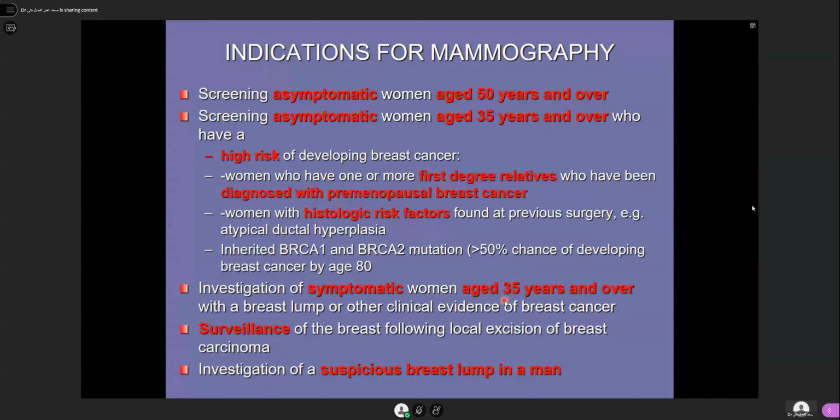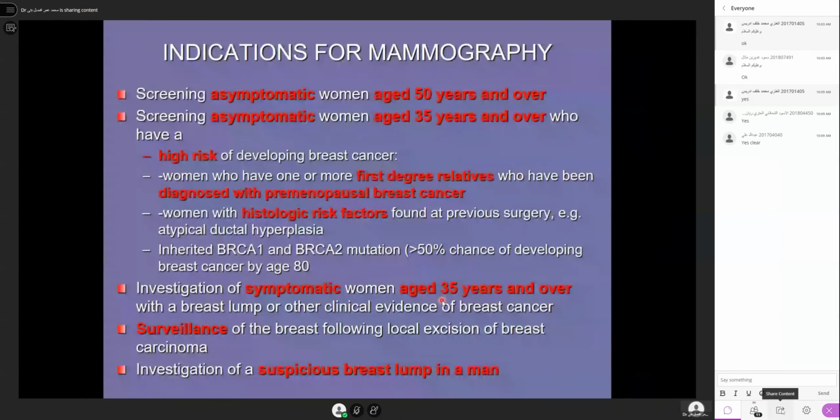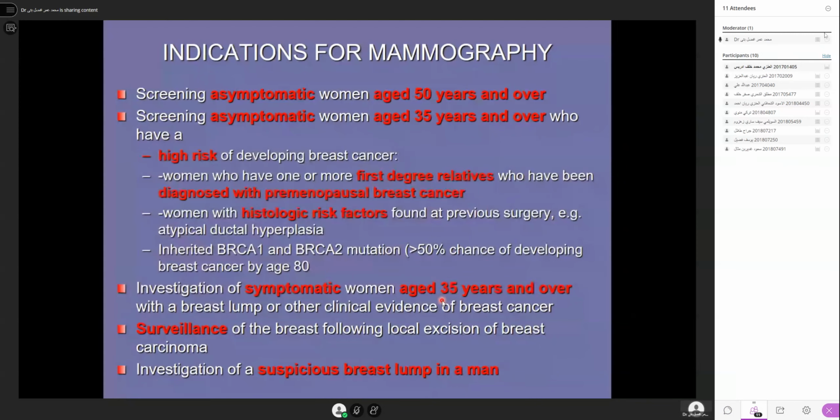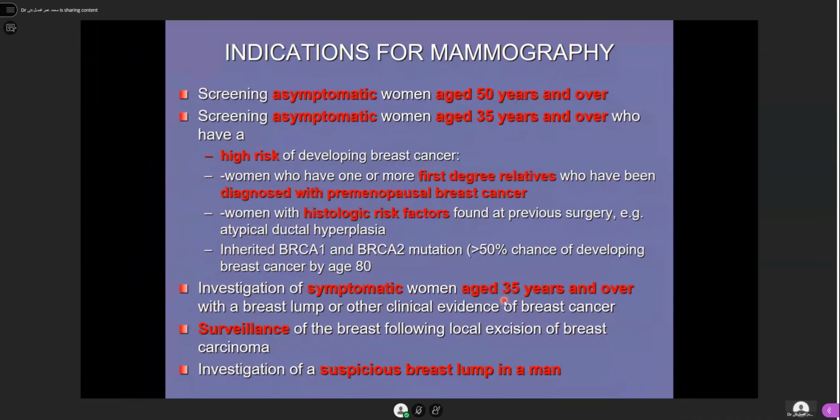For example, if we give radiation at the age of 25, the patient may develop cancer after 10, 15 or 20 years. Still, at that time she will be young. She may develop cancer at 40 or 45 years of age, so the patient is still very young.